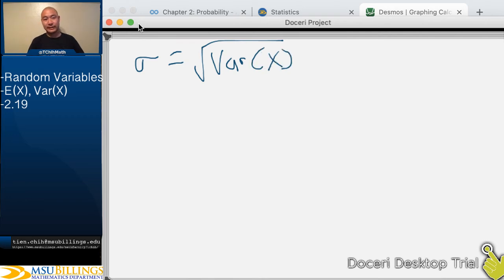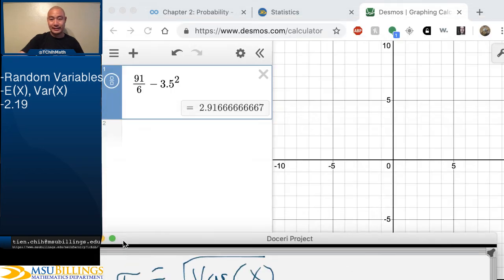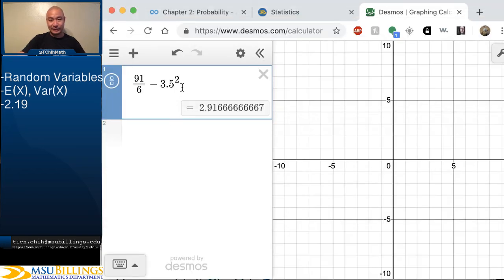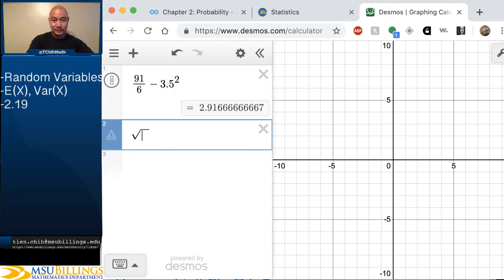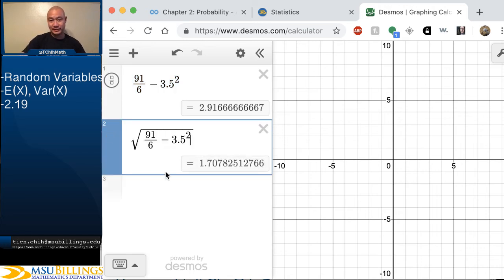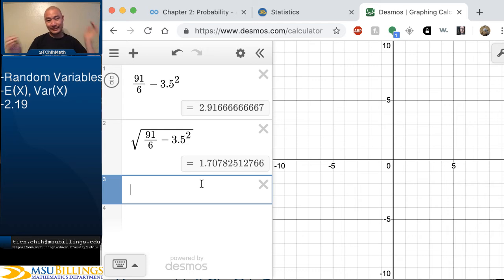It's just the square root of the variance. So in our case, the standard deviation would be 1.7078 something.